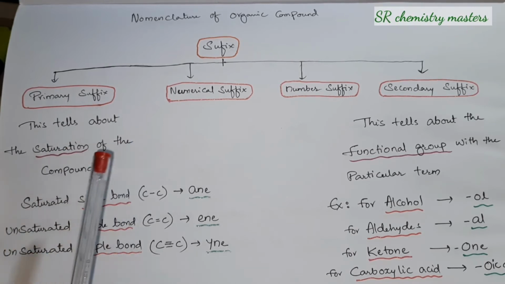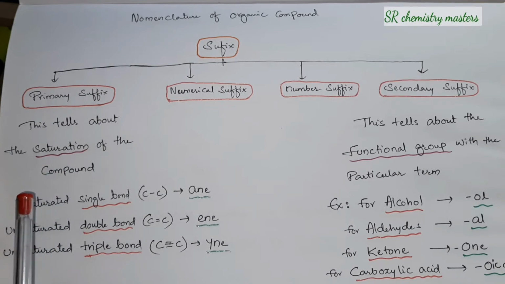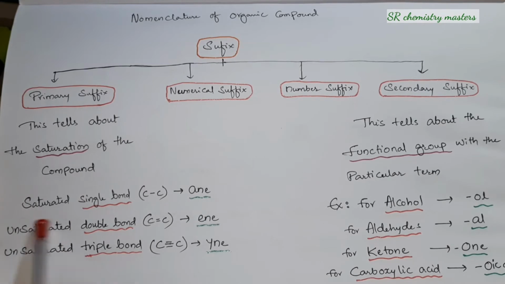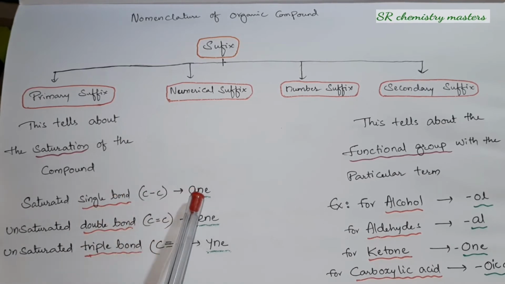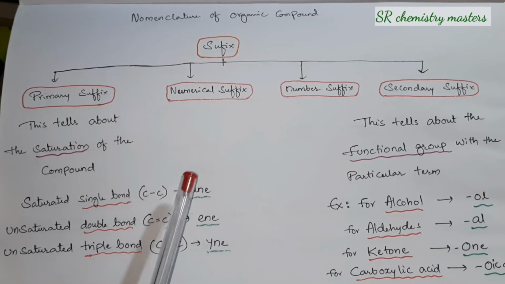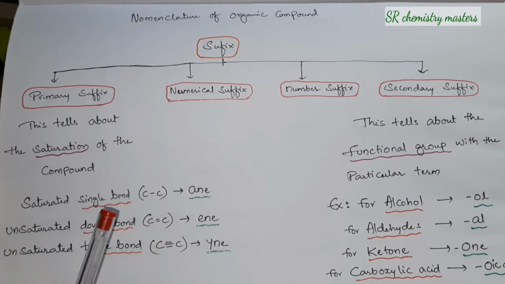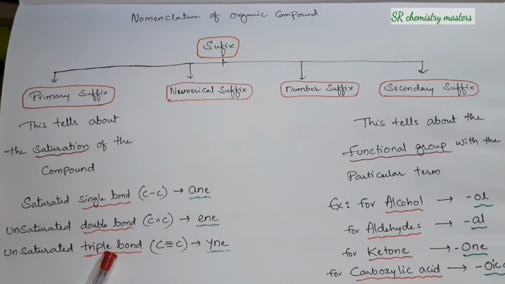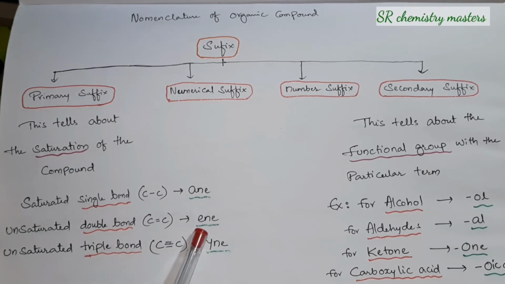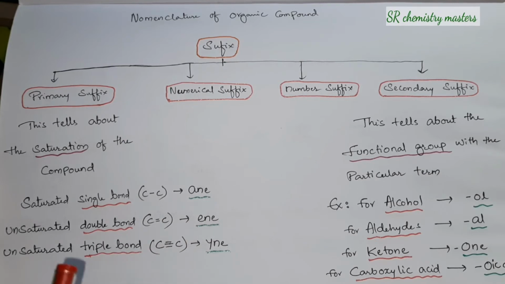If a compound has only saturated single bonds, we consider it an alkane and the suffix ane is attached to the compound. If the compound contains a double bond or triple bond, it is considered an unsaturated compound. If a double bond is present, we attach the suffix ene, whereas if a triple bond is present, we attach the suffix yne.